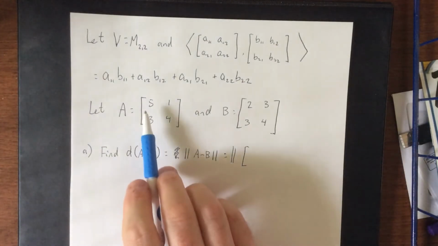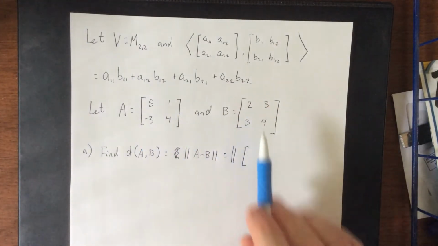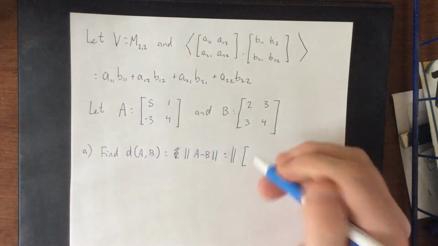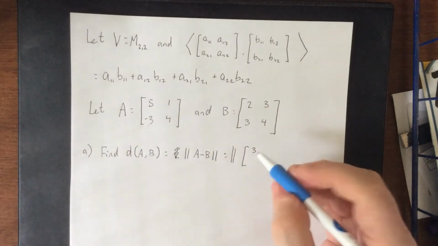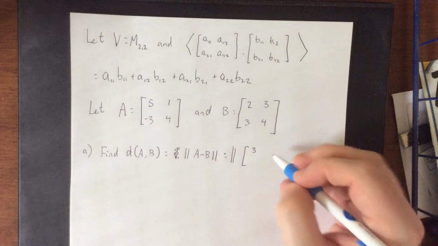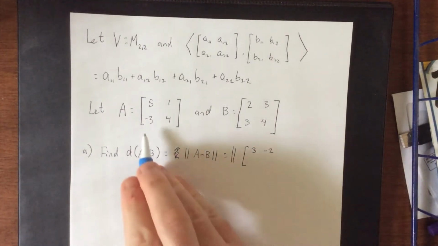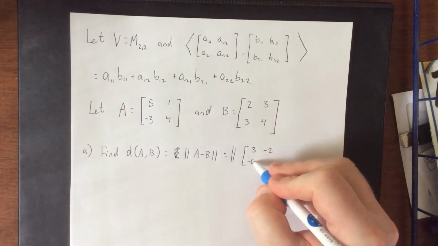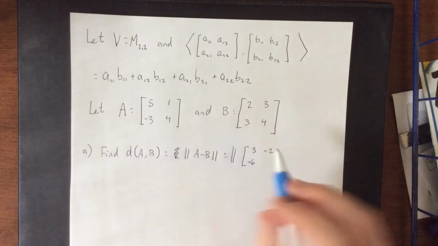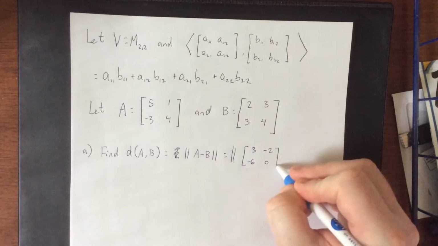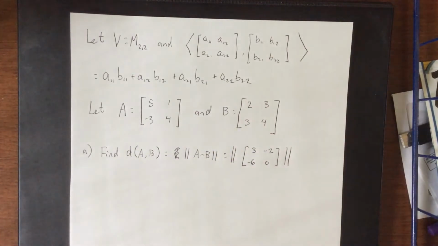So we'll set this up as matrix A minus matrix B. So that'll be 5 minus 2 for the first component, the 1, 1 entry, 1 minus 3 for the 1, 2 entry, negative 3 minus 3 for the 2, 1 entry, and 4 minus 4 for the 2, 2 entry.